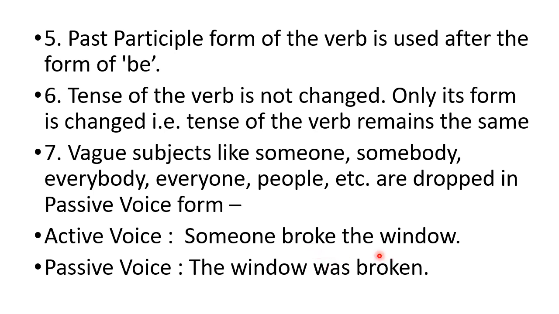Just remember that first of all I have changed the object into the subject, then I have used the third form of the verb, that is broken, and subjects like someone, somebody, everybody, everyone can be dropped. So I have not written by someone, I have just left the sentence, the window was broken. Now it is itself understood by the reader that it was broken by someone. You need not write such subjects.